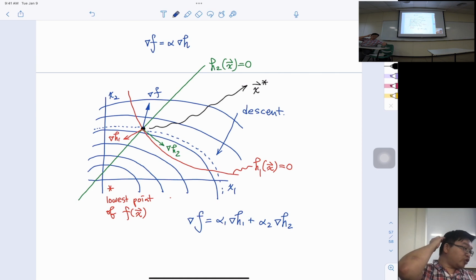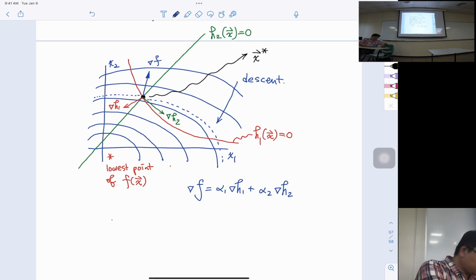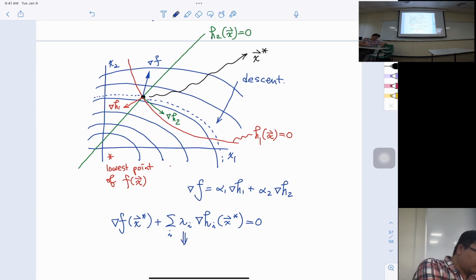Okay, so in general, we can formulate something like this. Here we introduce lambda. Lambda, we call it Lagrangian multiplier.